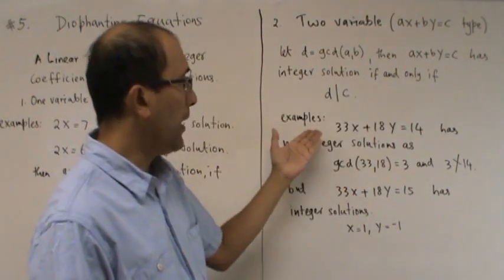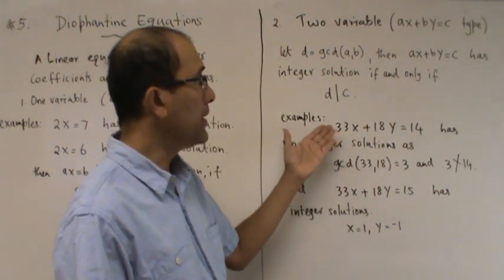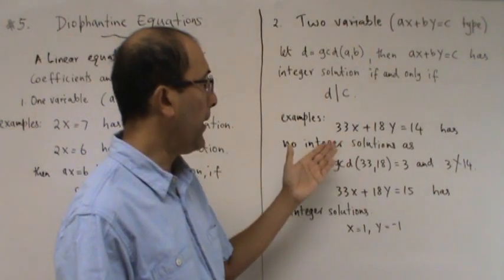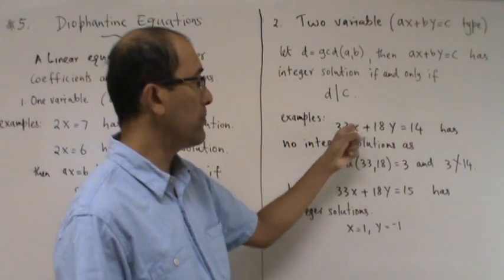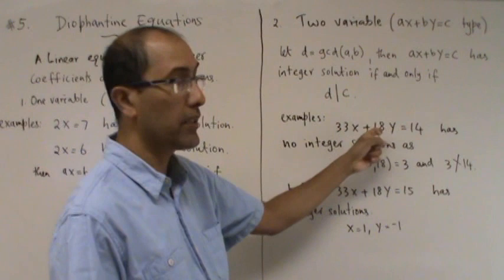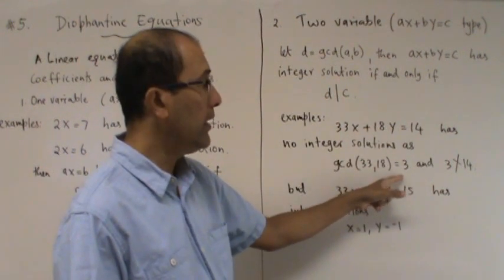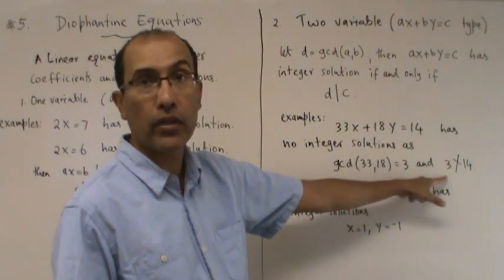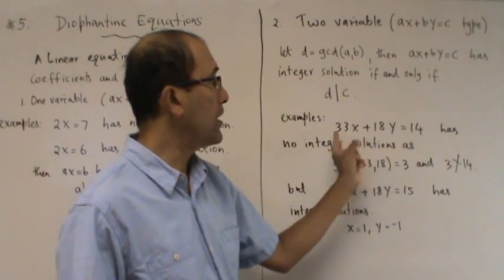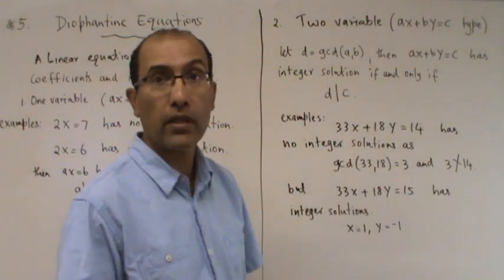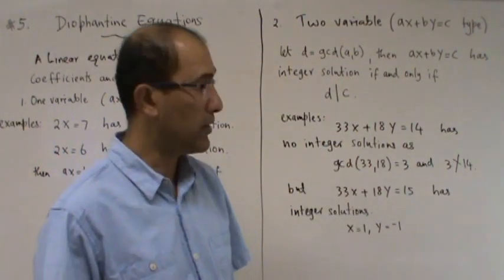So that means this equation here has no integer solutions, because the greatest common divisor of 33 and 18 is 3, and 3 does not divide 14. So therefore this equation here has no integer solutions.